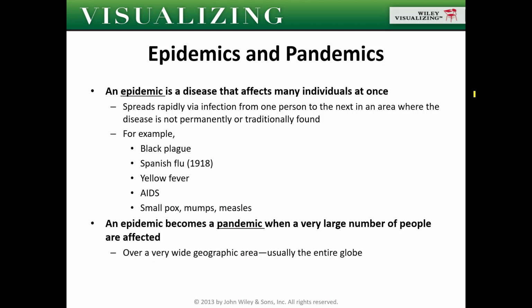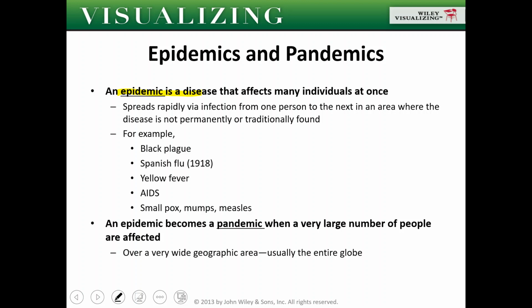So there are two terms here, epidemic and pandemic. An epidemic is a disease that affects not just many, but more than usual at once. Usually, epidemics are characterized by very fast spread, and the epidemic number of cases is way higher than the regular number of cases for this disease.